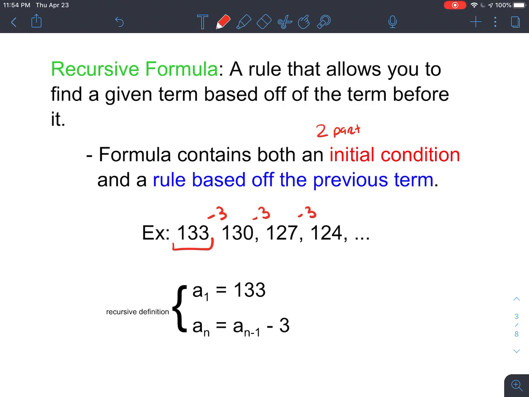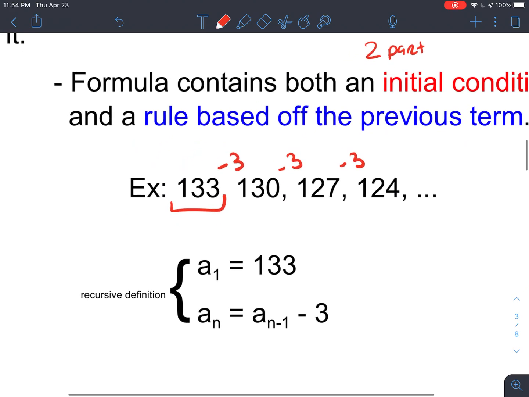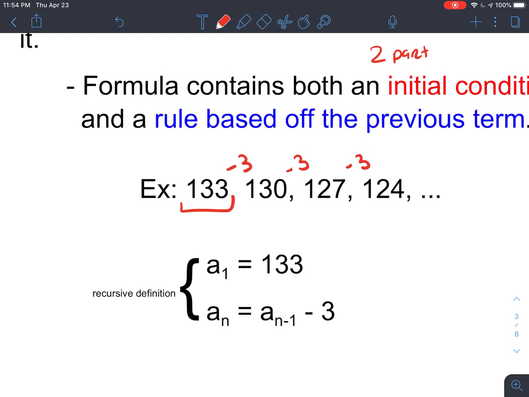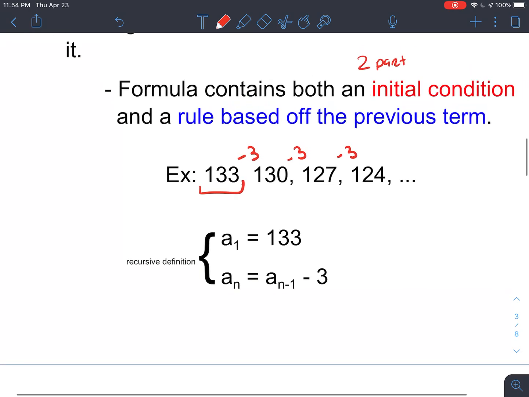But we are starting with this 133, just a random number. So the recursive definition, or the recursive formula, has the two parts. A sub 1, which is our first term of 133, and then a sub n, which is just any general term, is found by taking the term before it, a sub n minus 1, and subtracting 3.